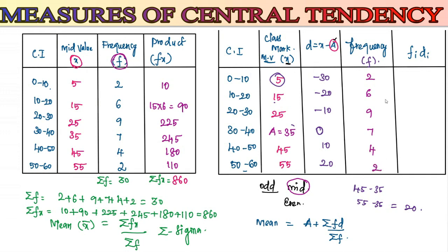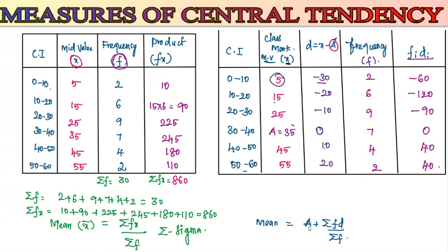Next you have to take the product of these two columns F and D. Minus 30 into 2 you will get minus 60. Minus 20 into 6 will get minus 120. Minus 10 into 9 is minus 90. 0 into 7 you will get 0. 10 into 4 is 40. 20 into 2 you will get 40.